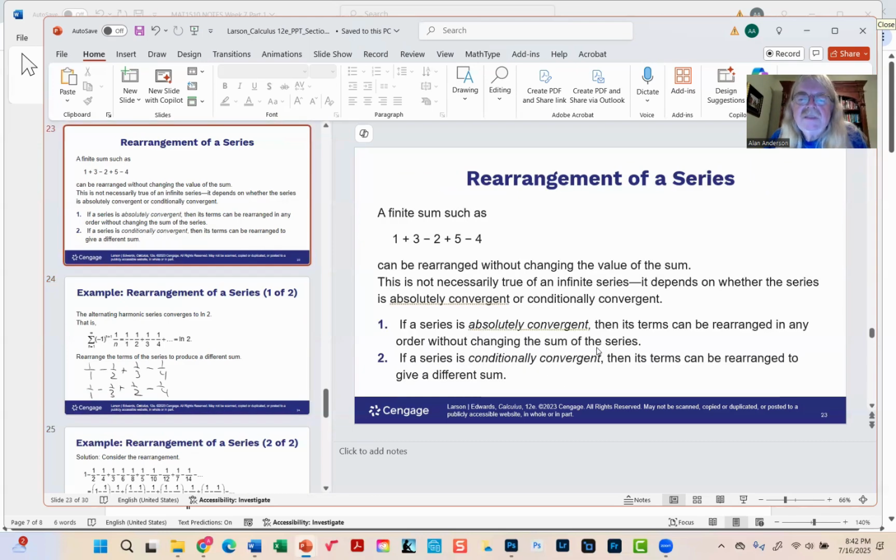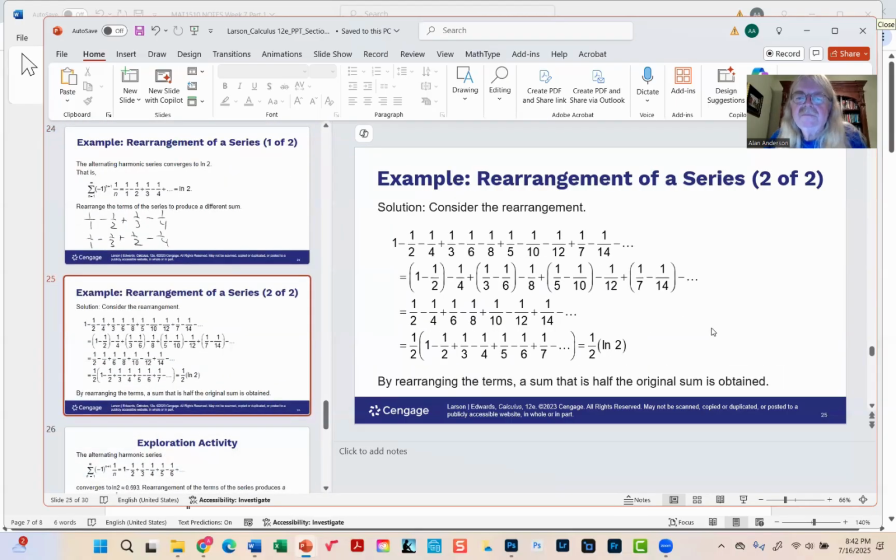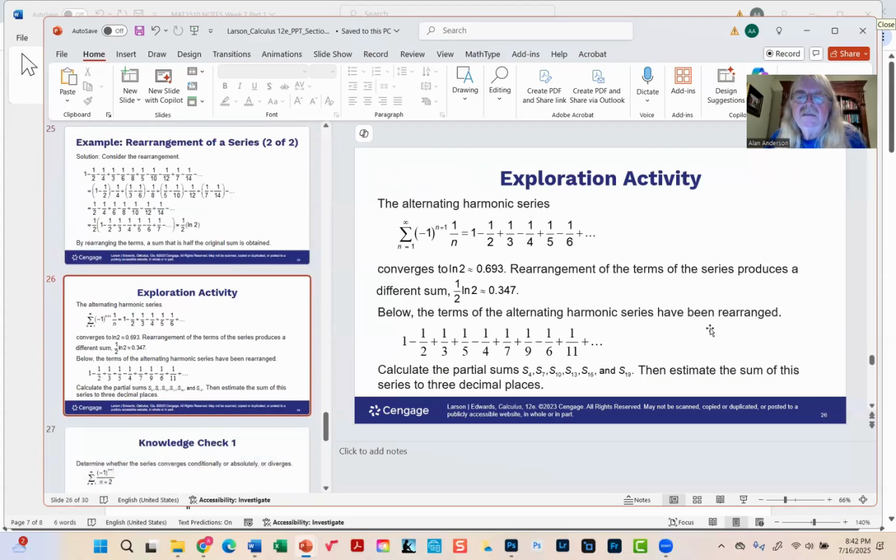And then if the series is conditionally convergent, then we can rearrange them to come up with a different sum. And then here's another one where they're flipping them around.